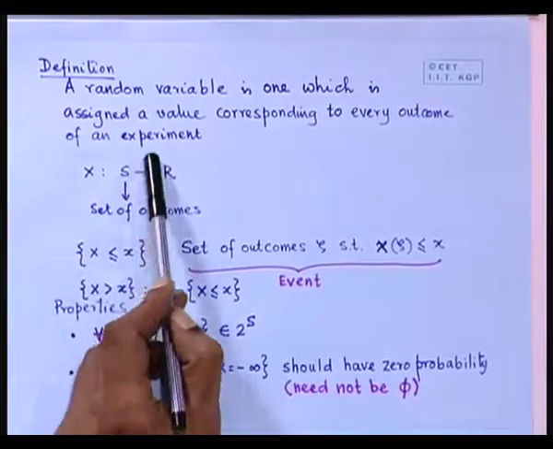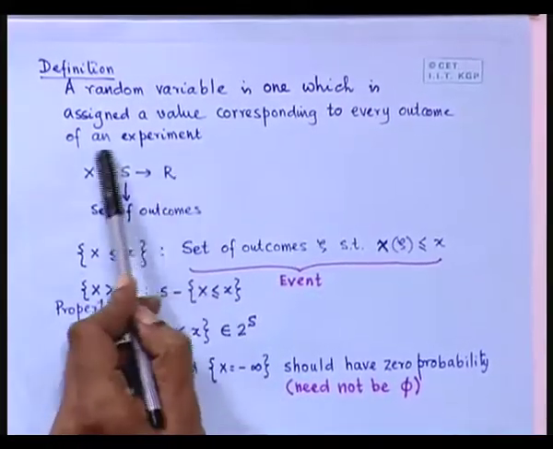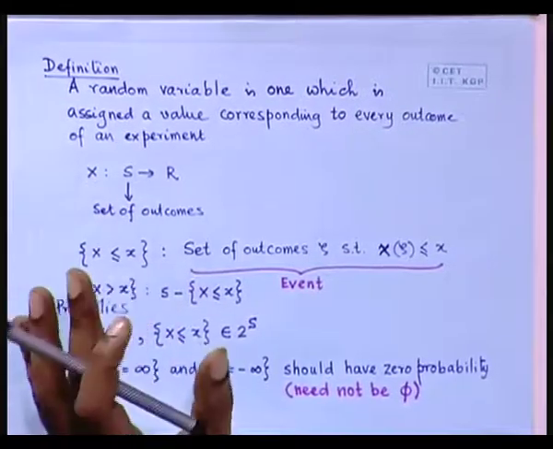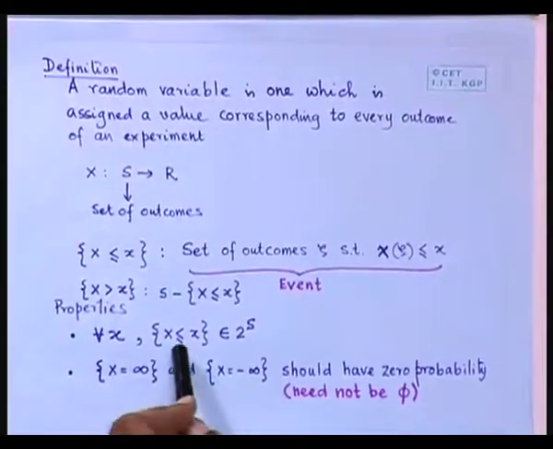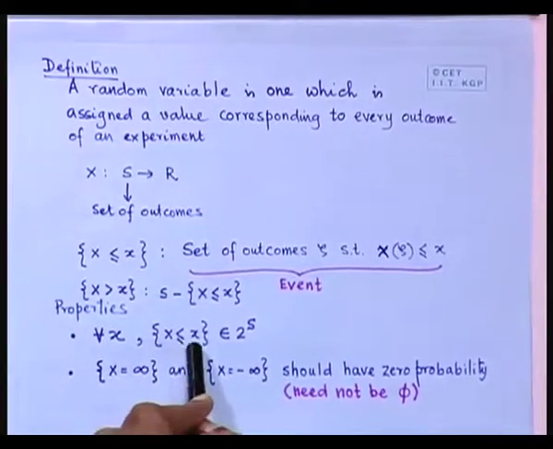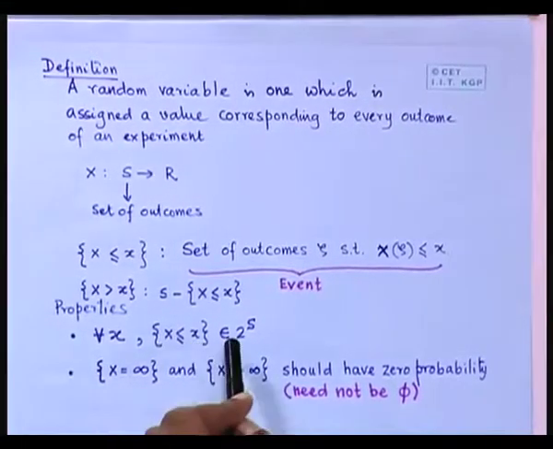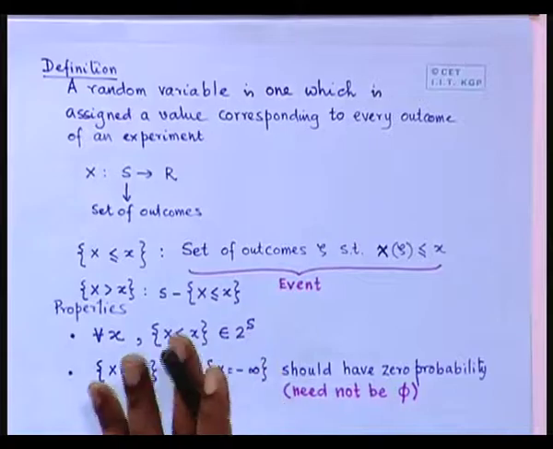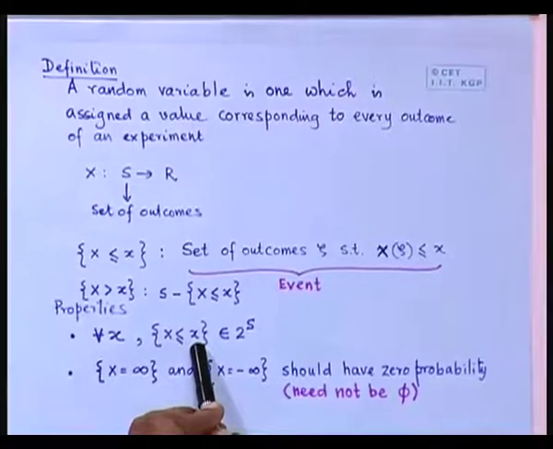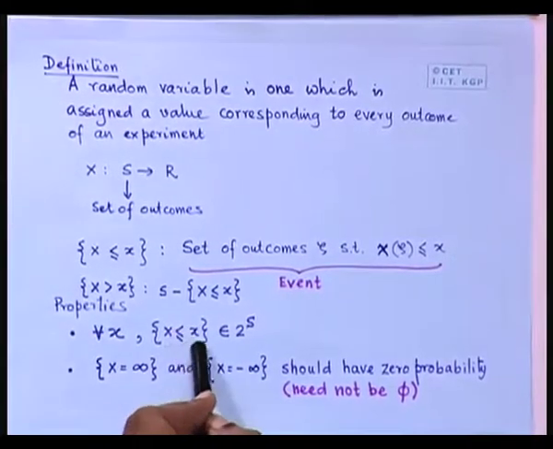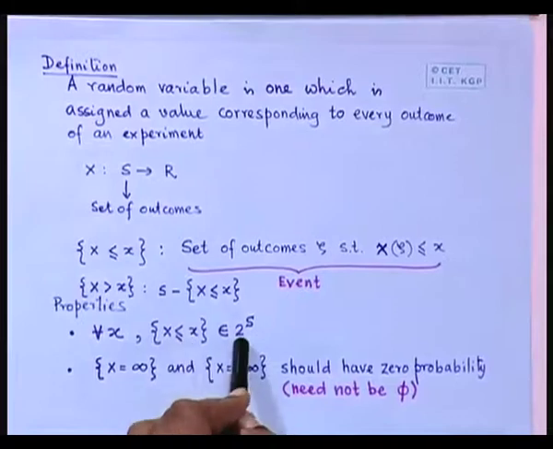Now, this mapping that we are talking about should obey in general certain mild properties. First of all, statements of this kind should be an event, that is, for all values of small x, the set of outcomes that will correspond to this should be an event.